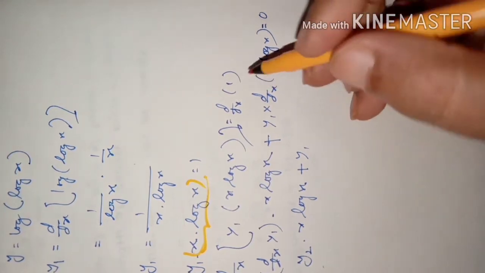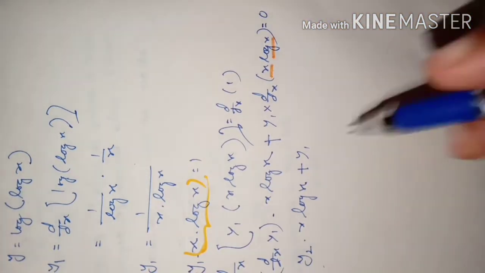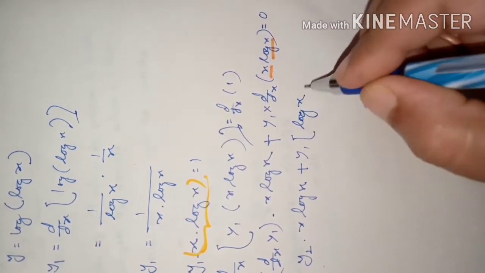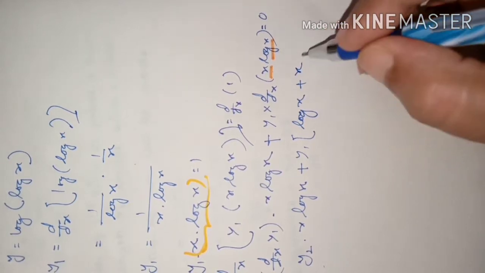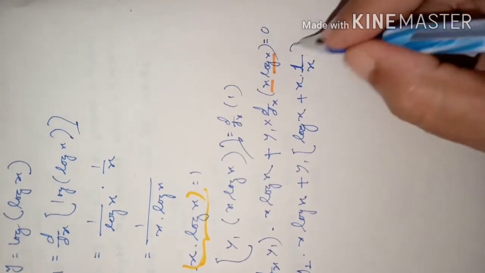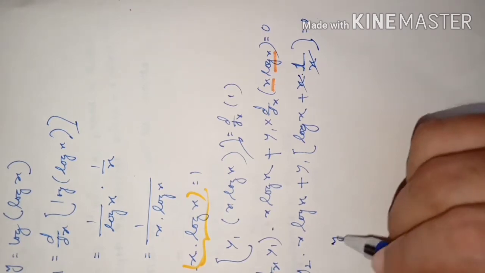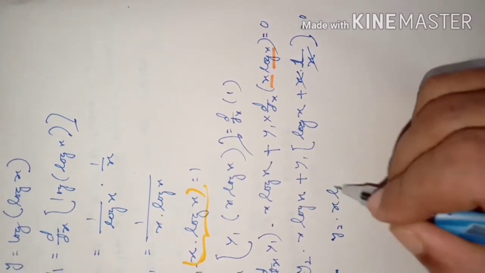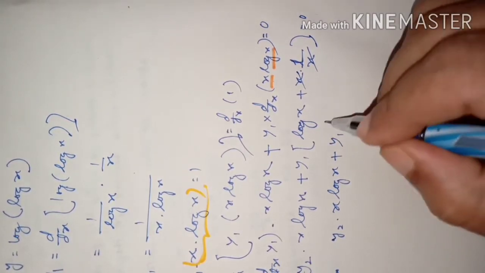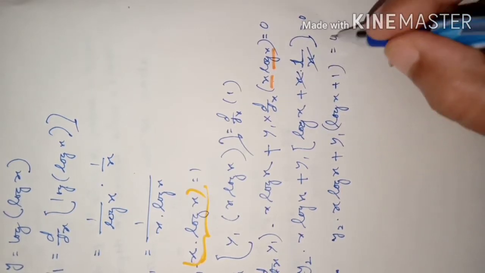Consider x as u and log x as v. Using the product rule again, d/dx of x is 1, so log x is here, plus x, and d/dx of log x is 1 by x. So it is equal to 0. The x cancels from here. So we have y2 into x log x plus y1 into log x plus 1, is equal to 0.